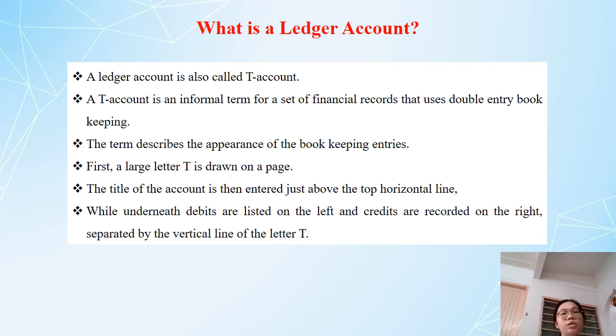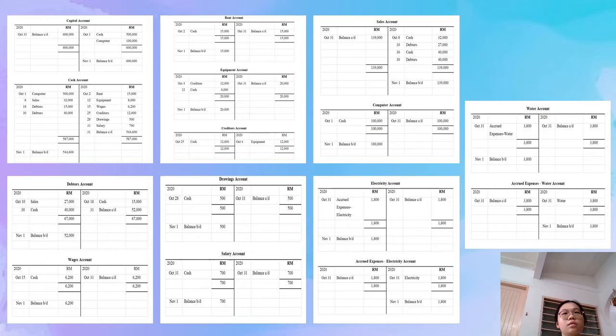First, a large letter T is drawn on a page. The title of an account is then entered just above the top horizontal line, while underneath, debits are listed on the left and credits are recorded on the right, separated by the vertical line of the letter T. This is the ledger account.